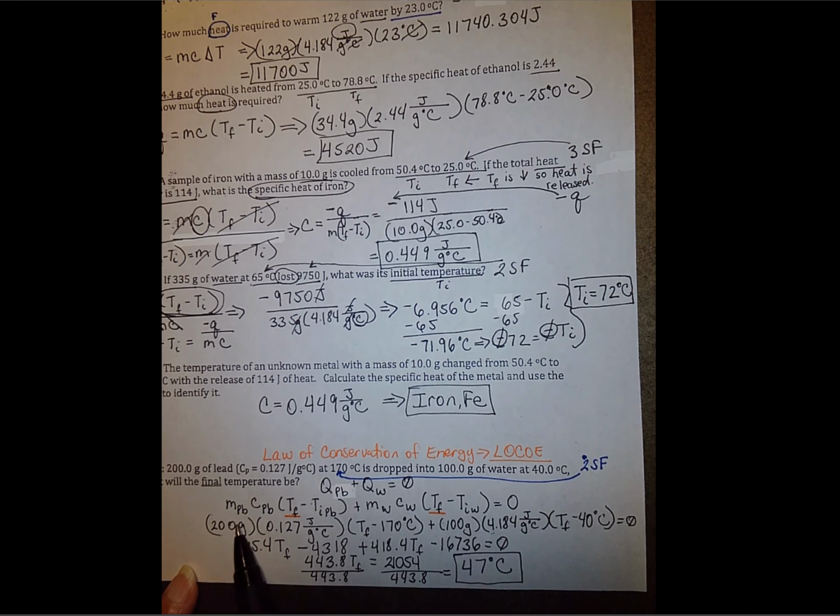So you can start plugging in your numbers: the 200 grams times the specific heat of lead, you don't know what the final temperature is, minus 170 degrees Celsius for the lead, plus 100 grams of water, the specific heat of water, you don't know what the final temperature is, but you do know what the initial temperature of water is, equal to 0.